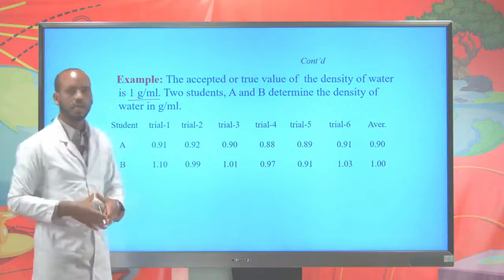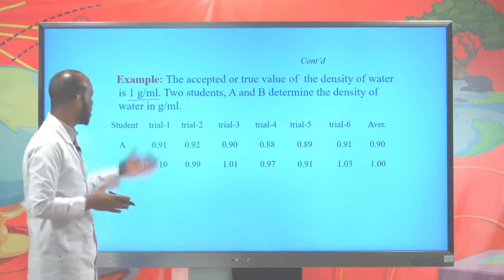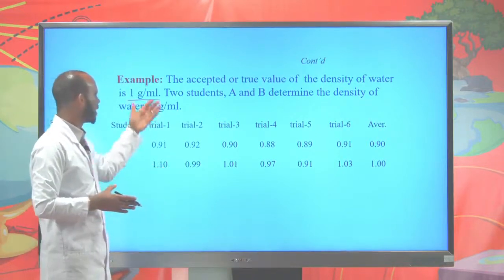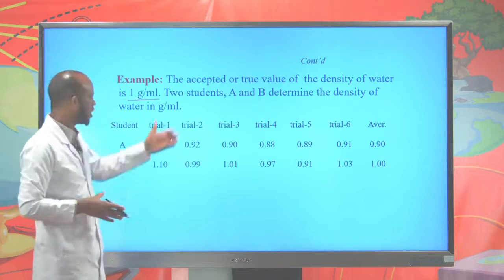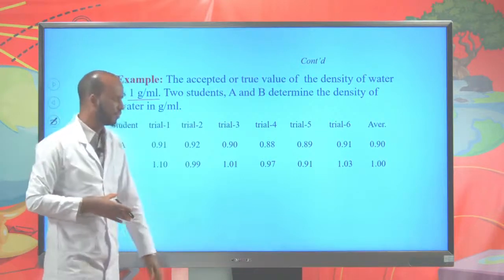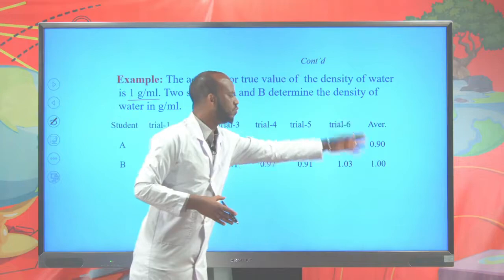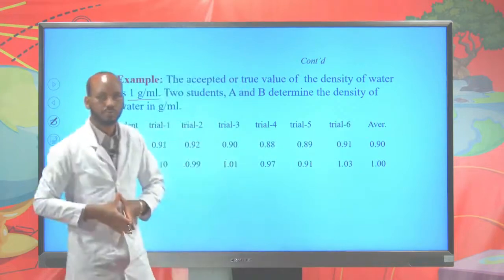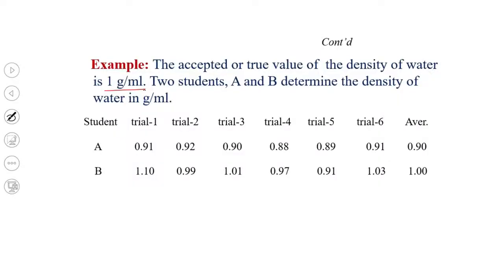Student B in his or her trial 1, 1.10 gram per milliliter. In the second trial, 0.99. Average value is 1. Now, which student made an accurate measurement? Which student made a precise measurement?